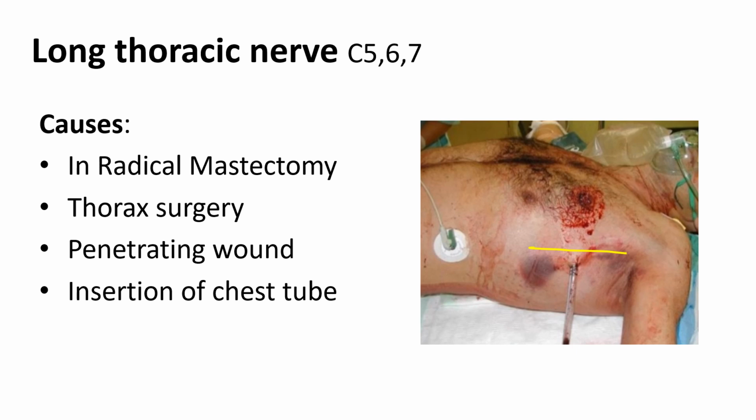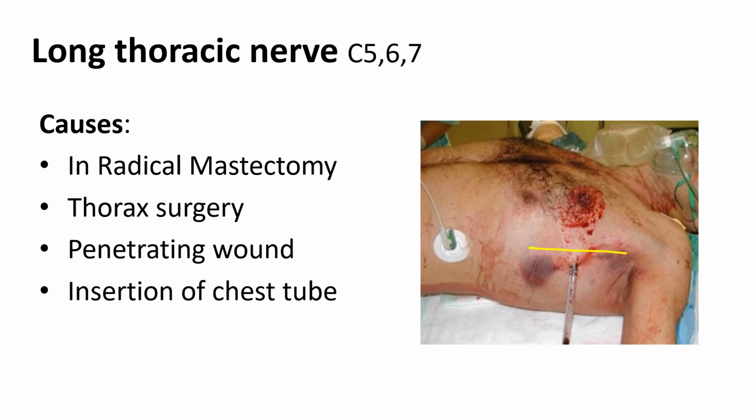Thoracic surgery, any surgery on the thoracic cavity, might injure the long thoracic nerve. Penetrating wound along the course of the thoracic nerve may also injure the long thoracic nerve.